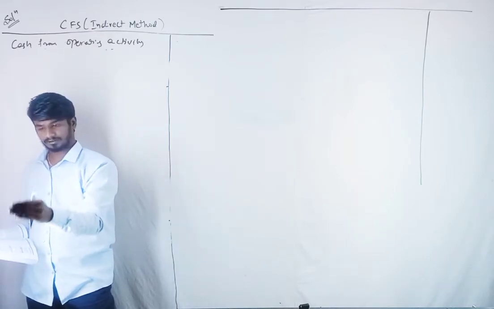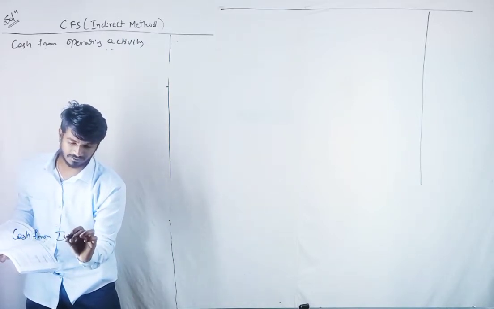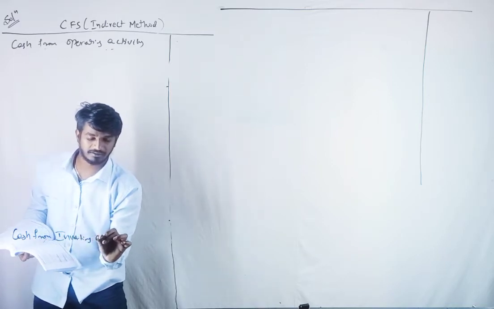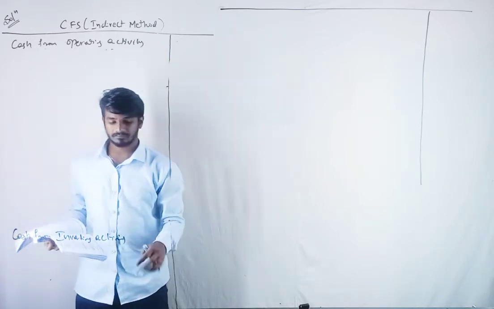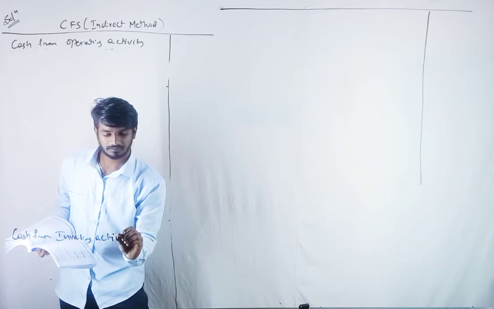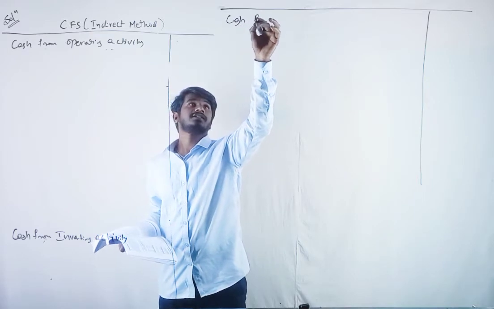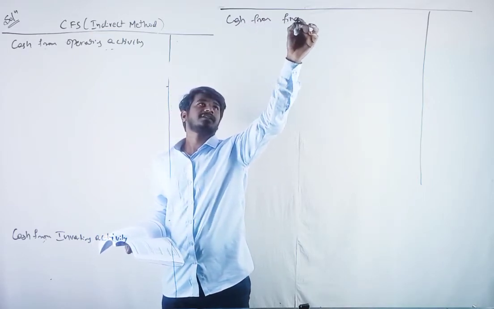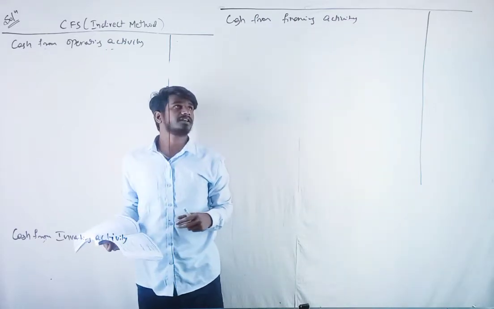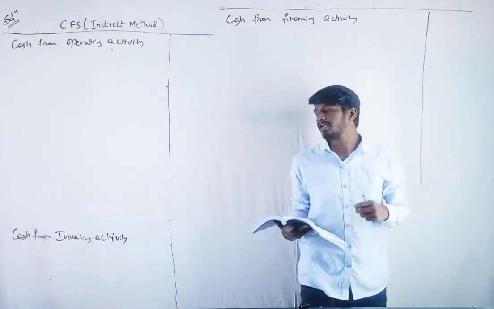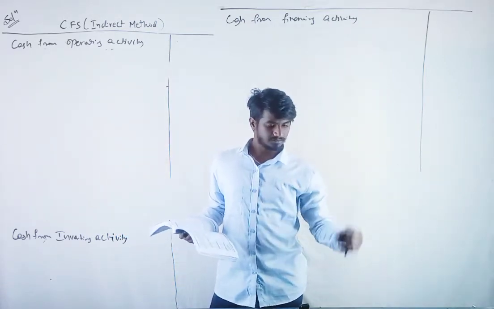Let me write below. Cash from investing activity. There is none. Right. Okay. Cash from financing activity. We'll categorize the income and expenditure in 3 activities: operating, financing, and investing. Fine, we can calculate here.